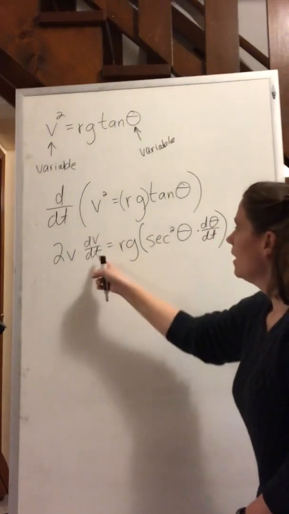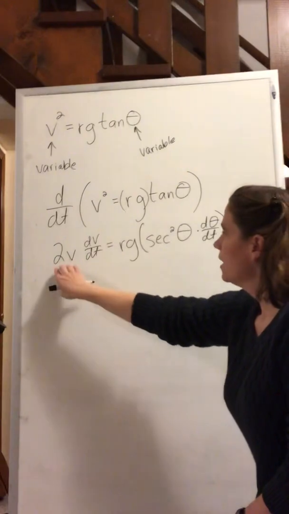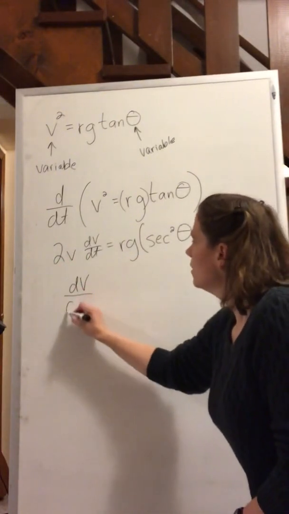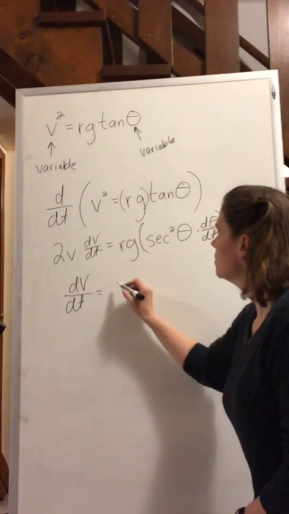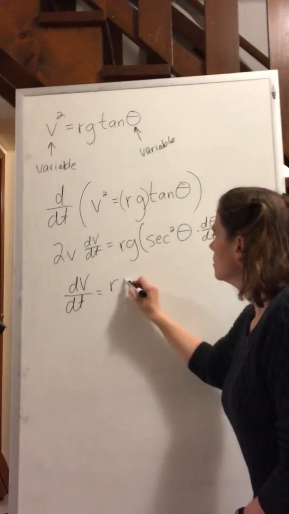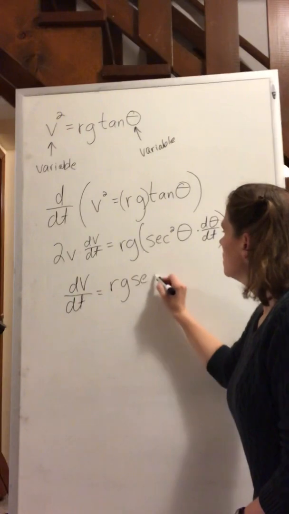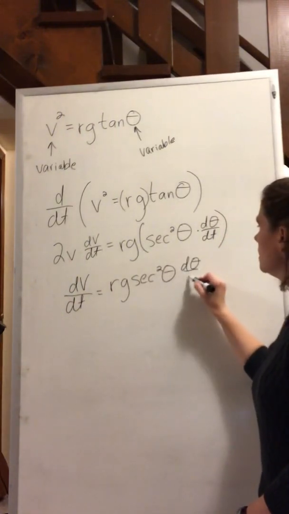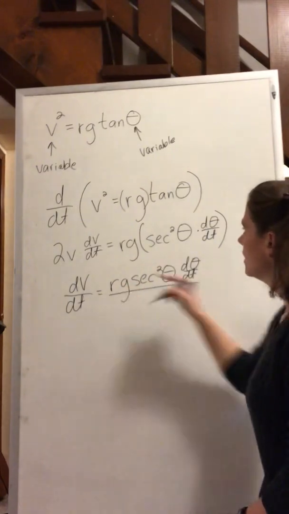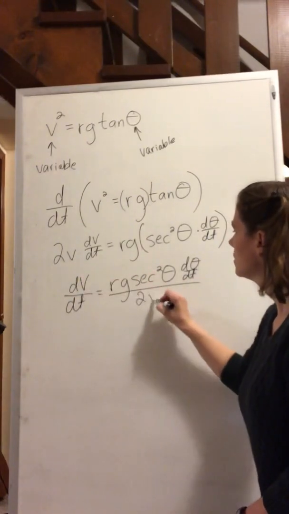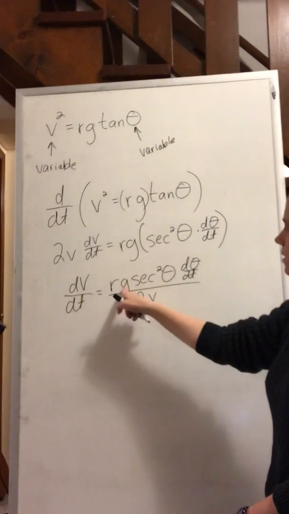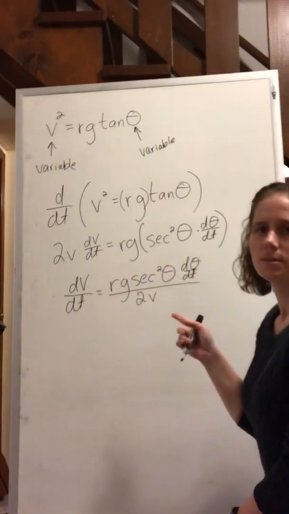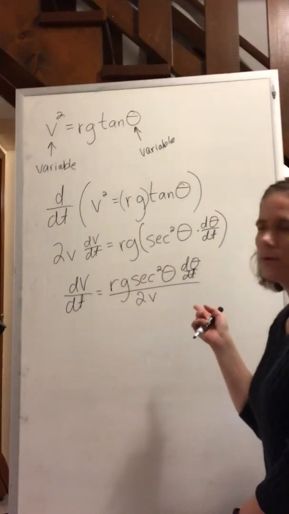So part A, I'm just going to divide both sides by 2v. So dv over dt is equal to Rg secant squared theta d theta dt, all divided by 2v, at which point we could put in the 32 for the g, and it'll look a little bit similar to what they would have had in the back of the book.